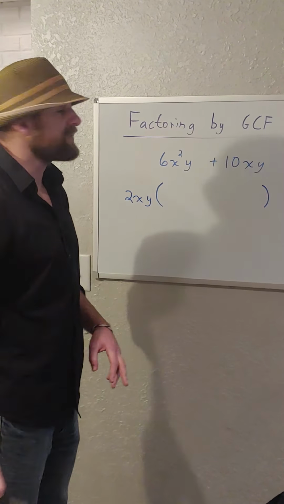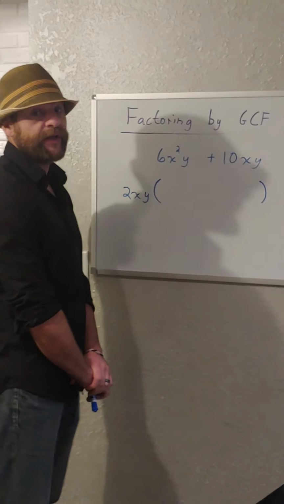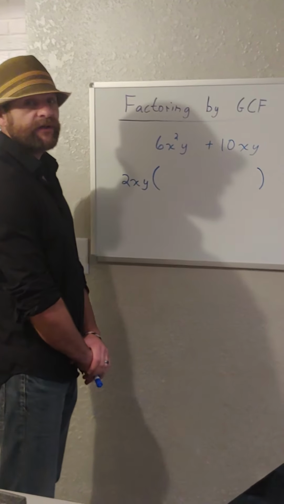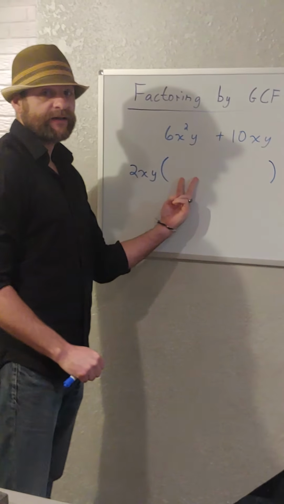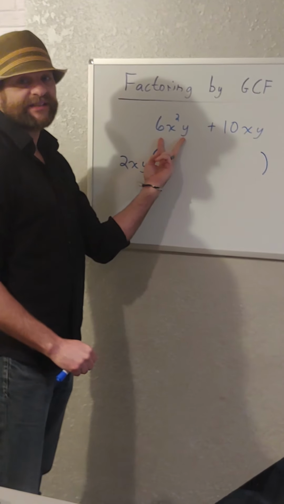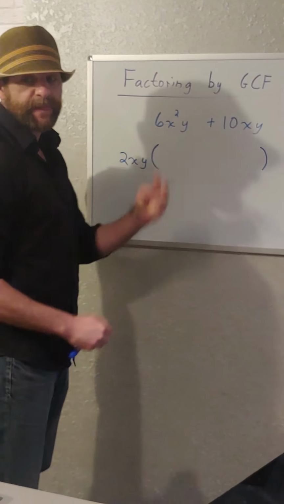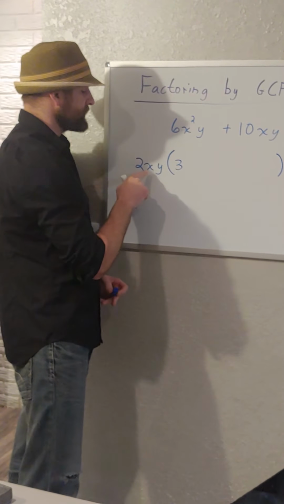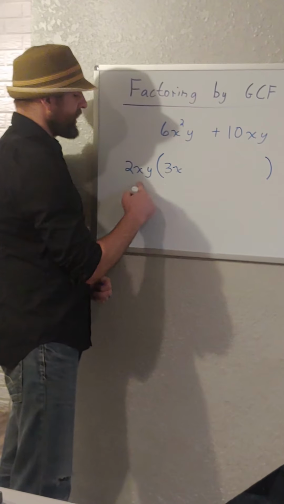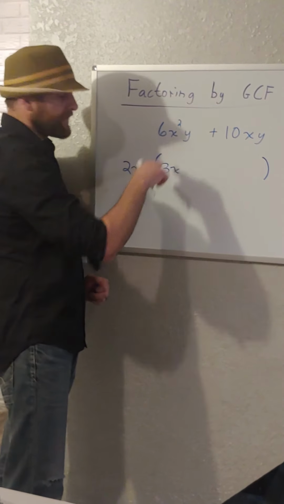Okay, the second part of this we should know how to do by this point. It's called the distributive property. So we just figure out what multiplies by 2xy. That gets us to 6x to the second y. So we know that 2 times 3 will give us 6. X times another x will get us to our x to the second.